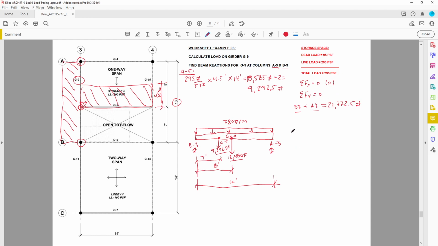Okay, and so now let's do our moment equation. And our moment equation, let's do it about point B3, right? And that is going to be, okay, so clockwise and counterclockwise.